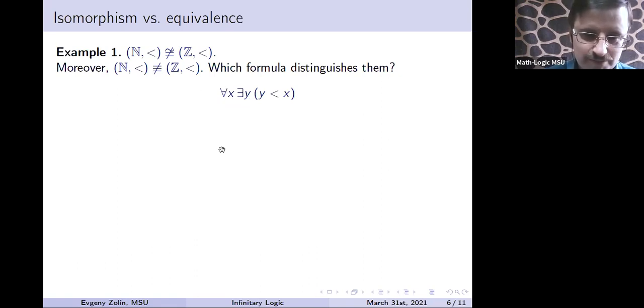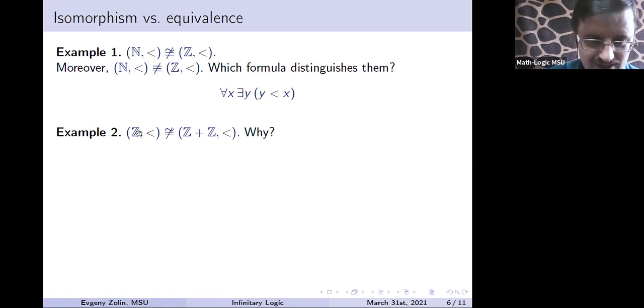Okay, so this is a simple example. The following may be less trivial. Let us recall what is Z plus Z. We have two linear sets, Z with less than, and Z with less than.